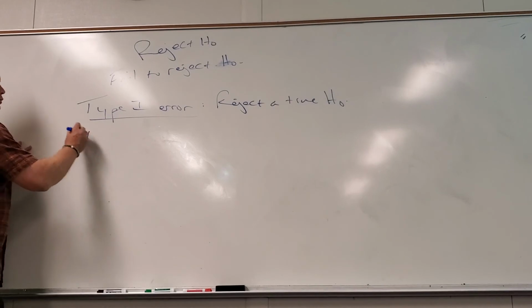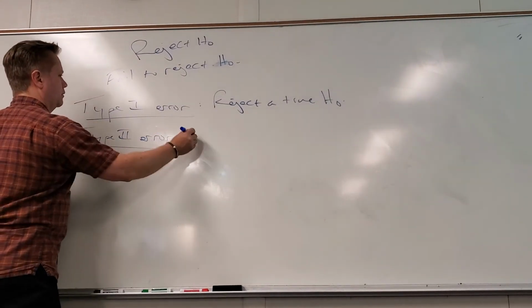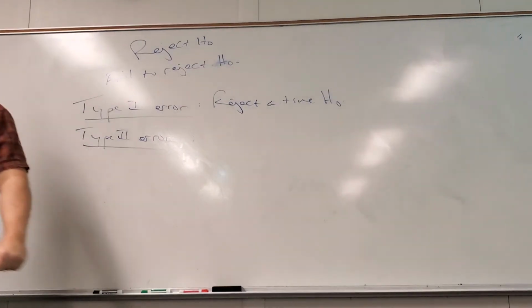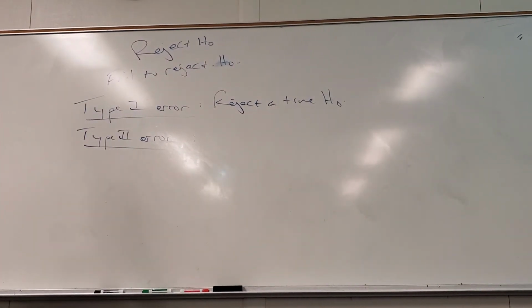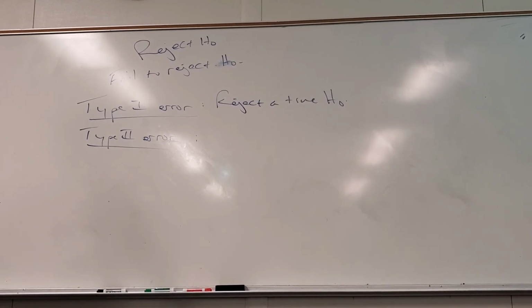A type 2 error. So when could the other one be wrong? If I fail to reject the null, when is that a bad thing to do? That's bad if the null is actually wrong and I failed to say so.